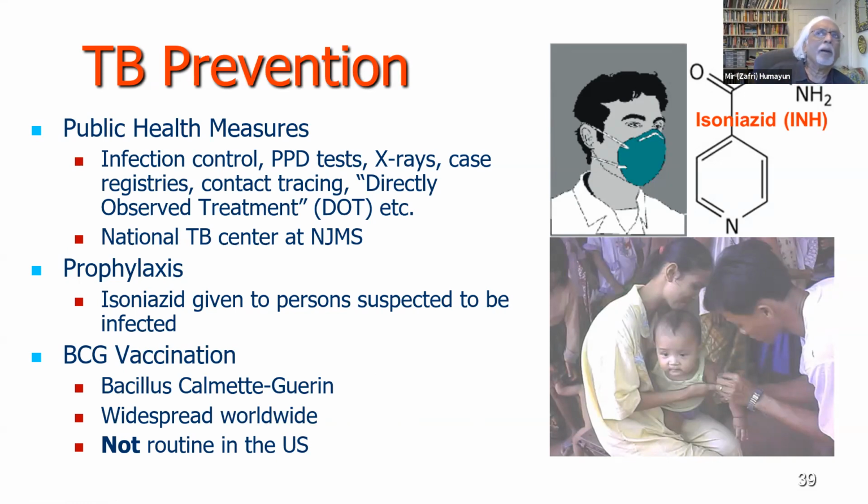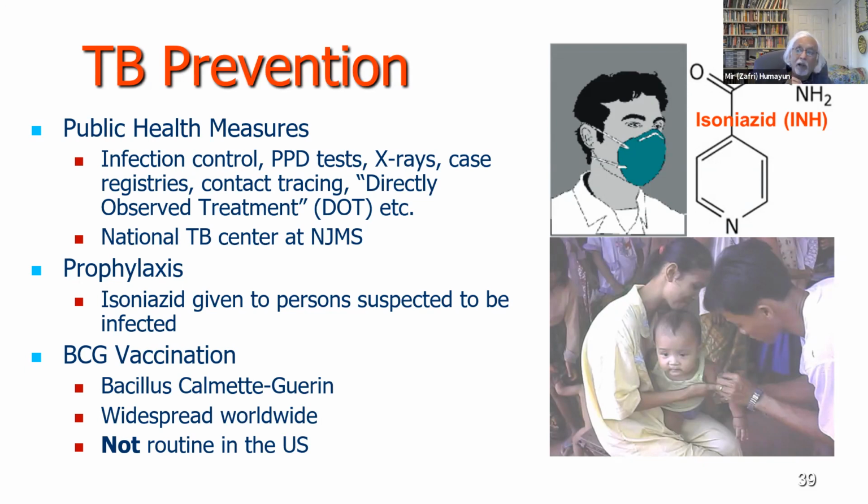However, the controversy is no longer as intense as it used to be. And here is our current understanding of how effective BCG vaccination is. BCG vaccination is believed to be quite effective in childhood in protecting against TB infection. However, it's not effective throughout the lifespan of a vaccinated individual.